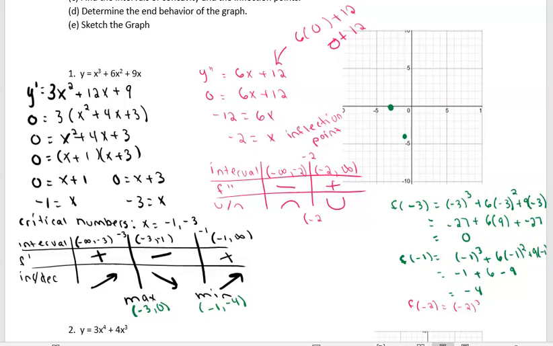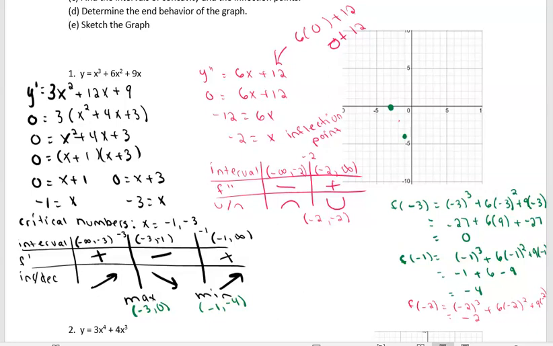Negative 2 to the third plus 6 times negative 2 squared plus 9 times negative 2. That wasn't any better. There we go. All right, so if we solve this down, it looks like we're going to get negative 2 for our y coordinate. There we go. Now we have a point. So negative 2, negative 2. So x is negative 2, y is negative 2. That's right there. And that's going to be our inflection point.